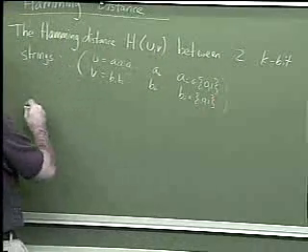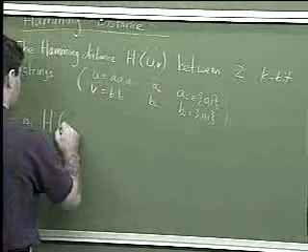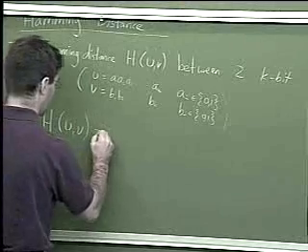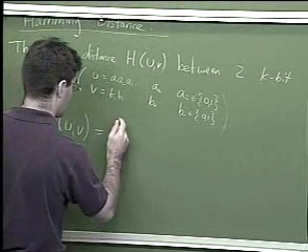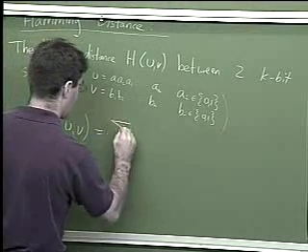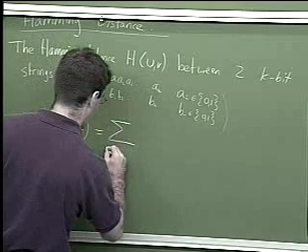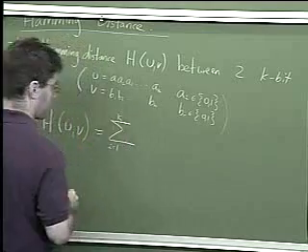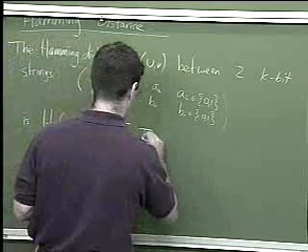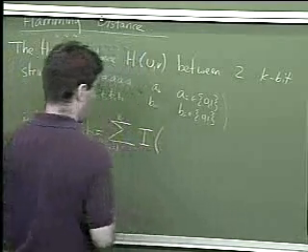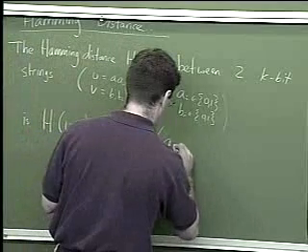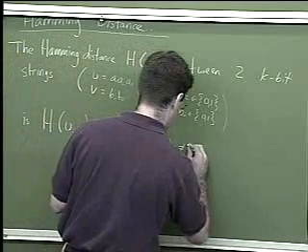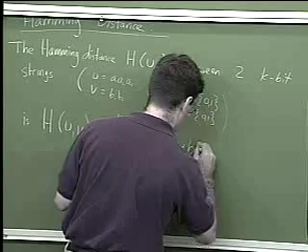The Hamming distance between two strings is h(u, v) equals the sum from i equals 1 to k of the indicator of ai not equal to bi.